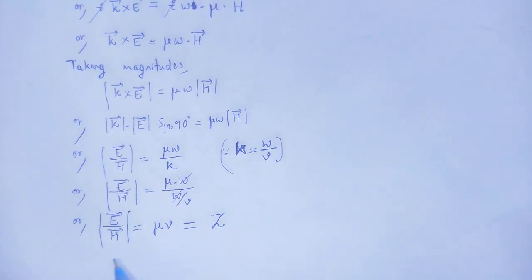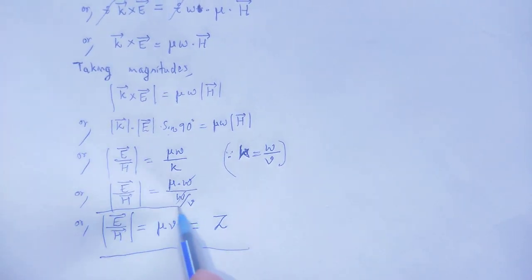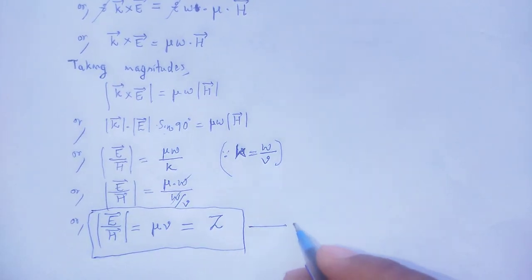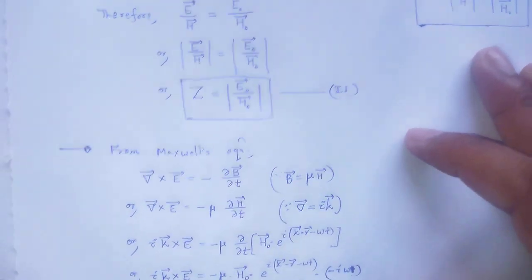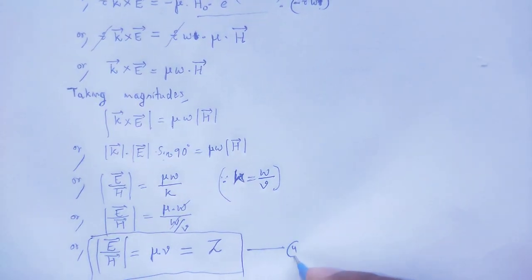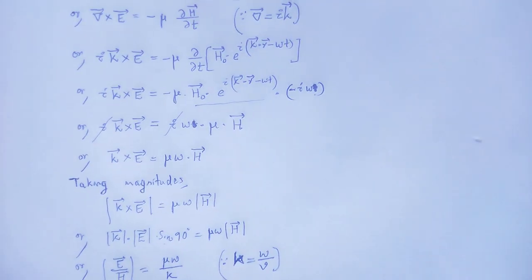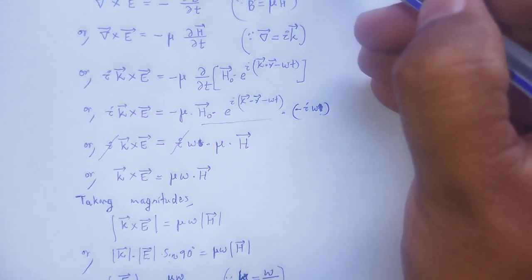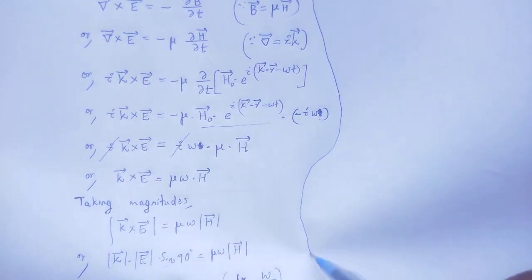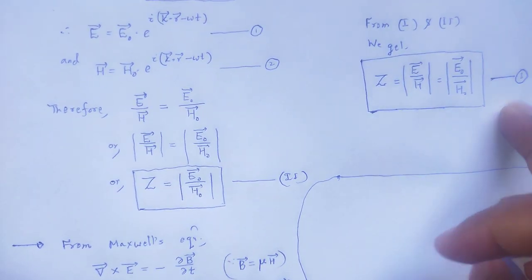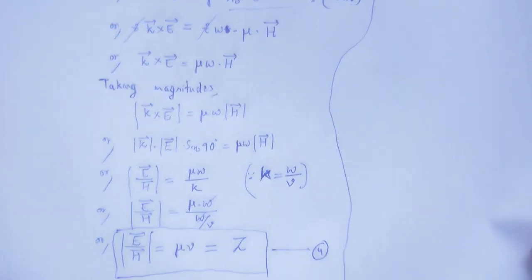that is equal to Z. Let me refer to it as equation number 3, and that one as equation number 4.